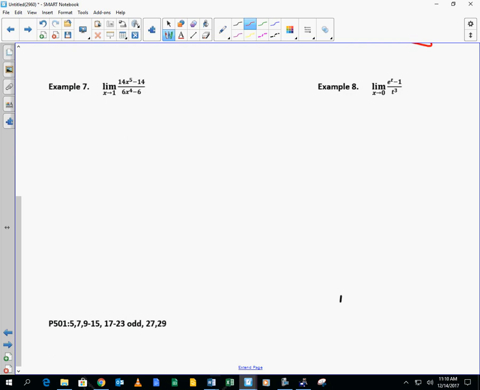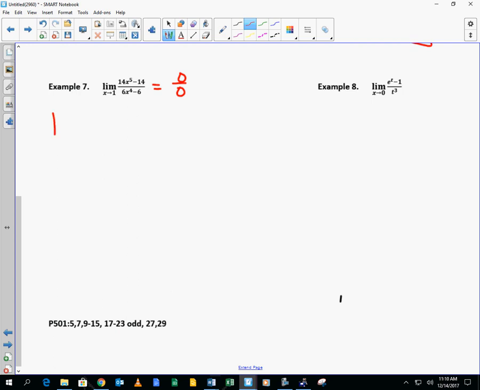As we look at example 7, we start by plugging in 1. What do you get? What is 0 over 0? We don't know. It's an indeterminate form. Invoke L'Hopital's rule.